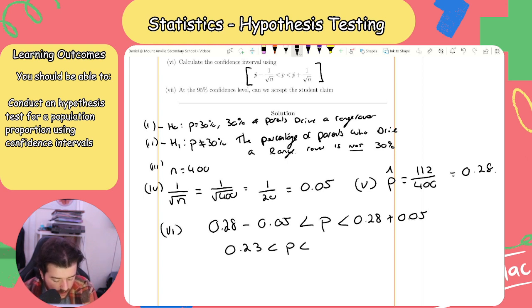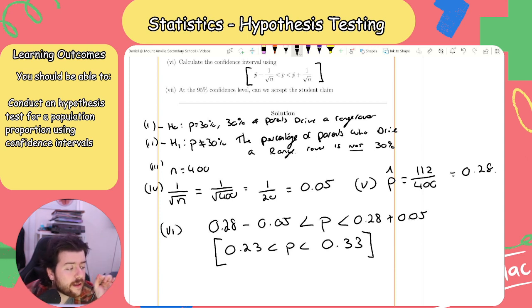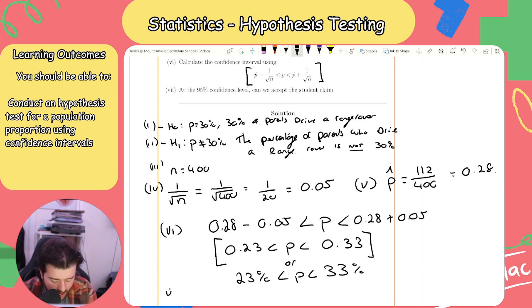So 0.23 is less than p, which is less than 0.33. I can say with 95% confidence that between 0.23 and 0.33 of parents drove a Range Rover. Writing this as a percentage, that's 23% and 33%. So now the next part is part 5 or part VII.